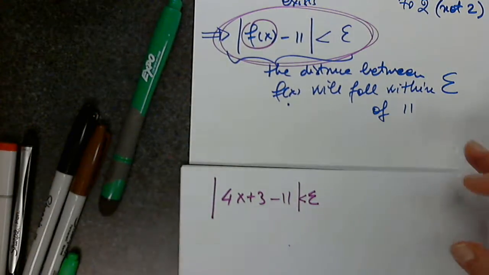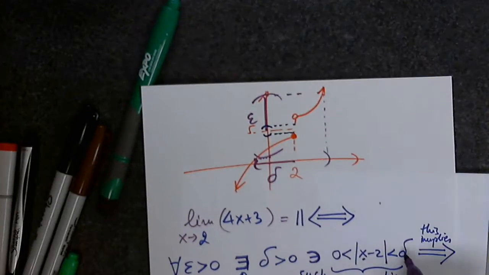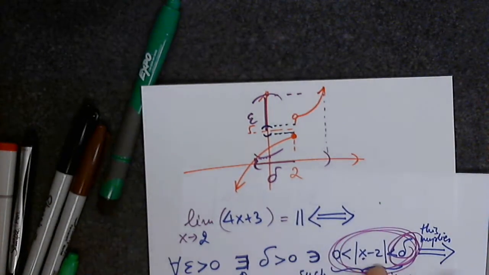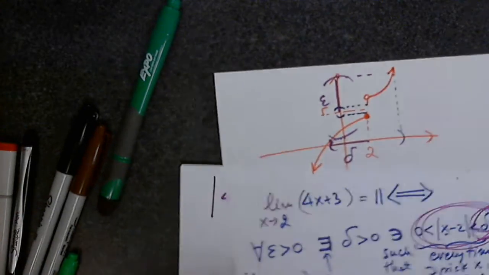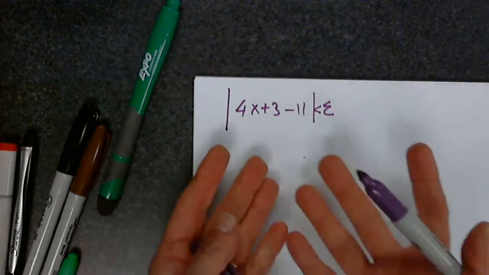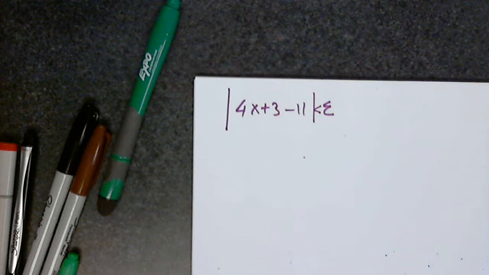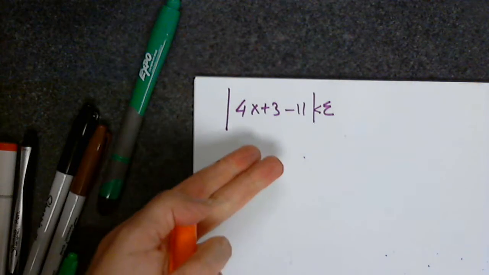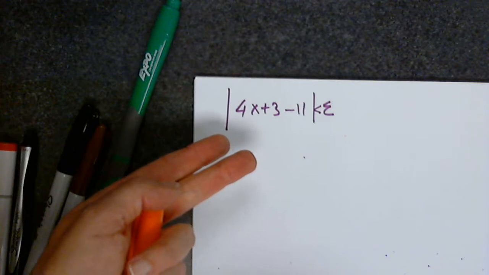Good. Now here's my target. I want to find delta. This is my target. I want to get here. Okay, so please tell me what to do next. If you're given this, what will your mind go to? Just look at it.